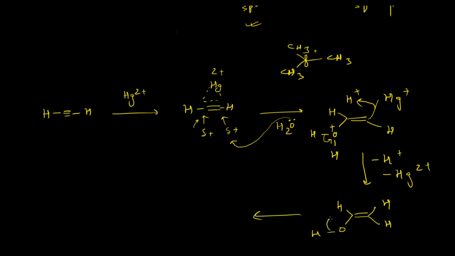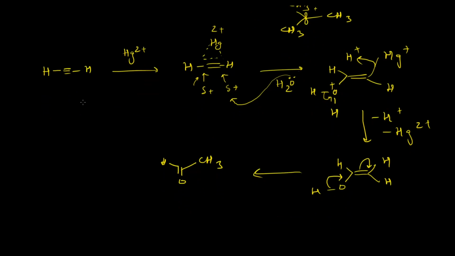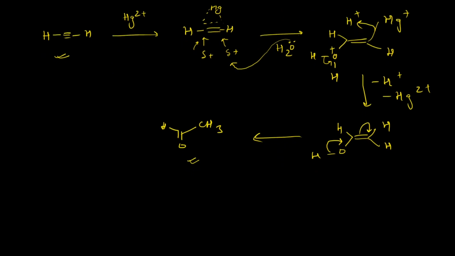This will essentially be tautomerized, and this aldehyde will be our final product. So you can see what the mechanism for the hydration of acetylene is. Acetylene is the only alkyne which produces an aldehyde after hydration reaction.